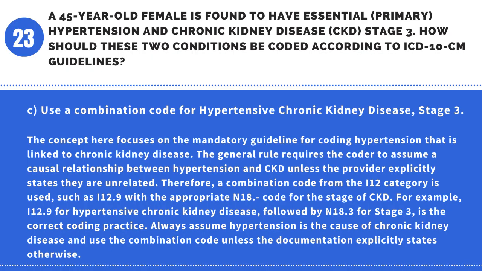Therefore, a combination code from the I12 category is used, such as I12.9 with the appropriate N18 code for the stage of CKD. For example, I12.9 for hypertensive chronic kidney disease, followed by N18.3 for stage 3, is the correct coding practice. Always assume hypertension is the cause of chronic kidney disease and use the combination code unless the documentation explicitly states otherwise.